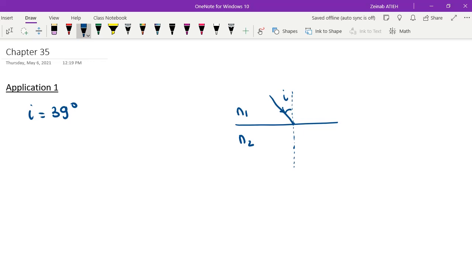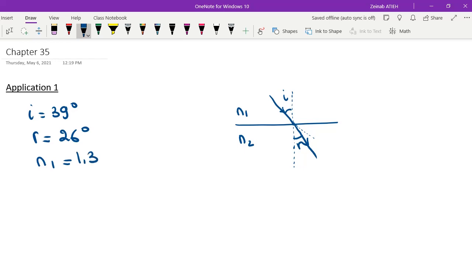It's refracted. The angle of refraction is 26, so R is smaller than I. The angle of refraction is smaller than the angle of incidence, so the ray bends inward like this. The angle of refraction R, this is the ray. So R is equal to 26 degrees.